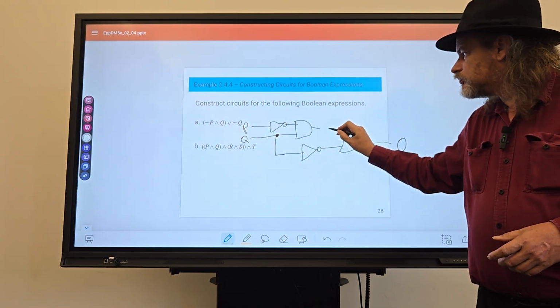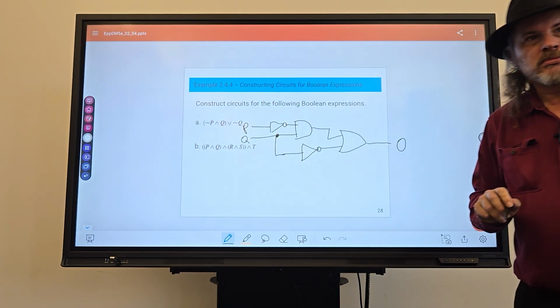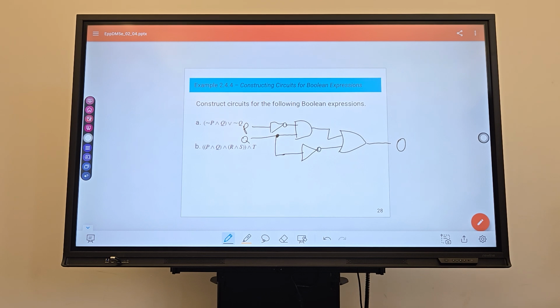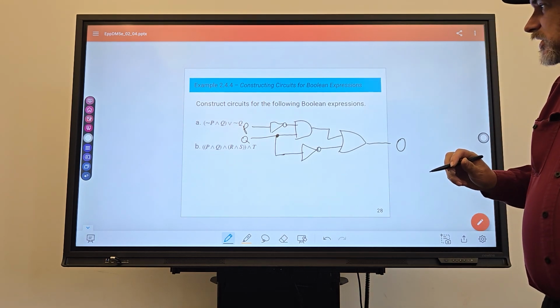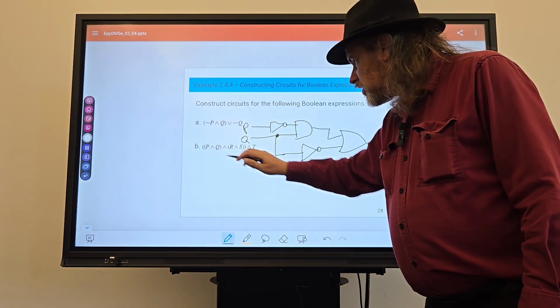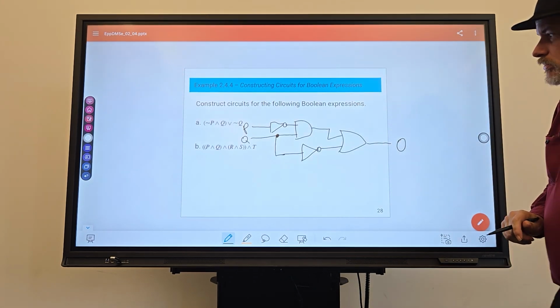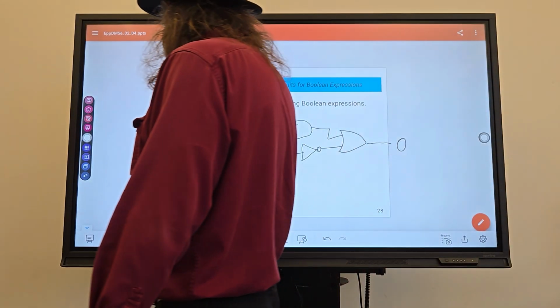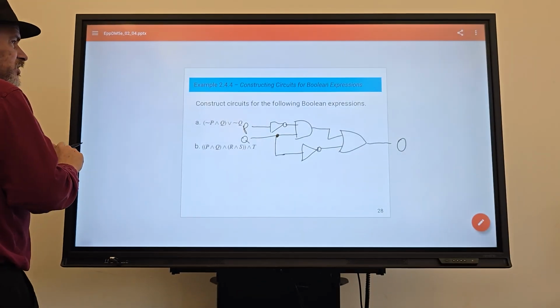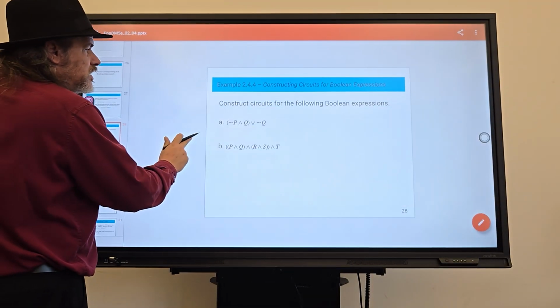You've got to have the outputs going to the proper inputs. But yeah, I'm not going to do this bigger one. You get the idea from this right here.